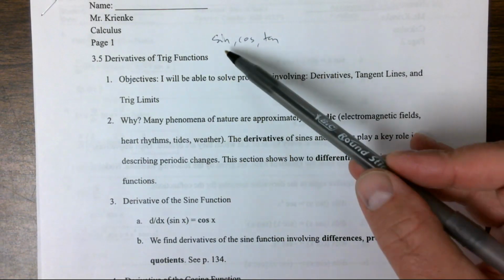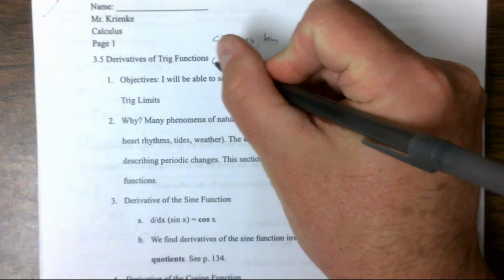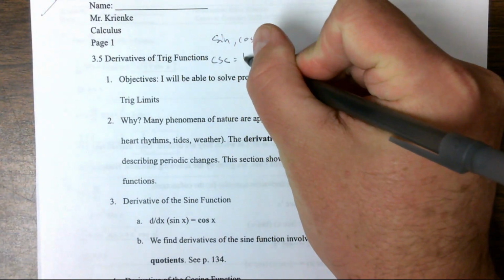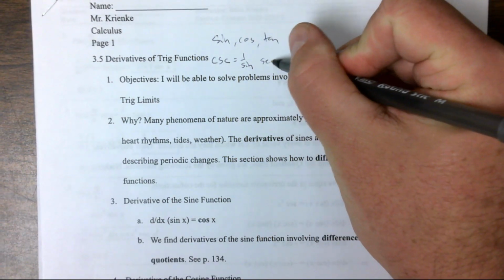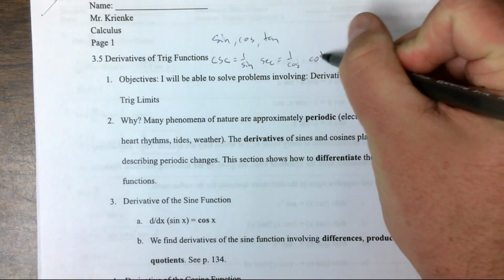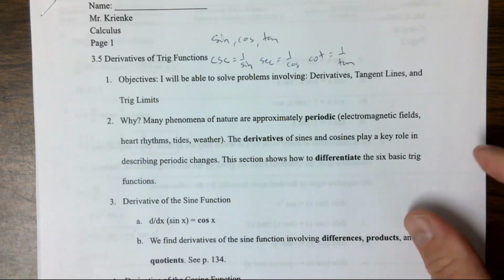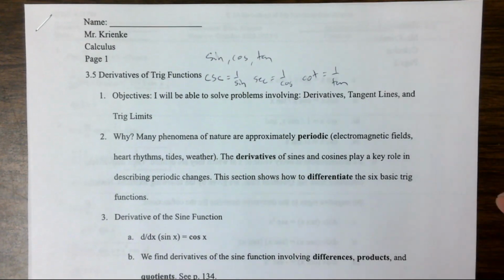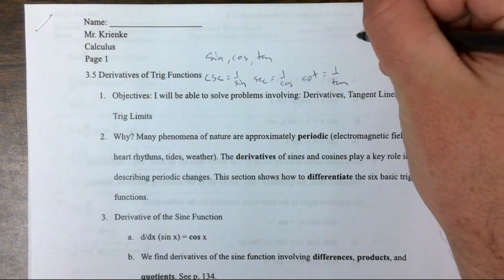So first off, besides sine, cosine, and tan, you know there is cosecant, which is 1 over sine. You have secant, which is 1 over cosine, and you have cotangent, which is 1 over tan. The other thing that you may need to know, or you may remember, is SOHCAHTOA.